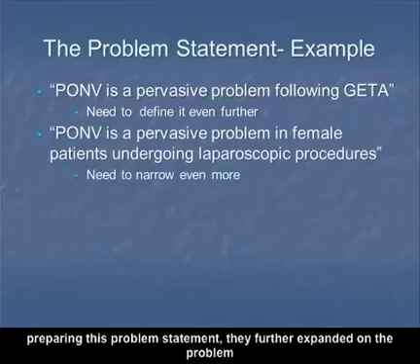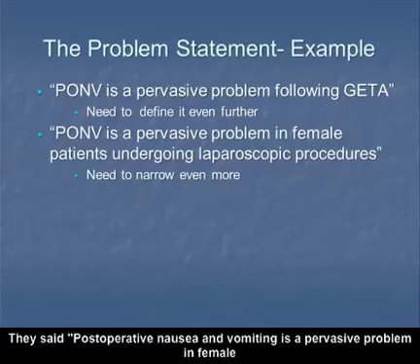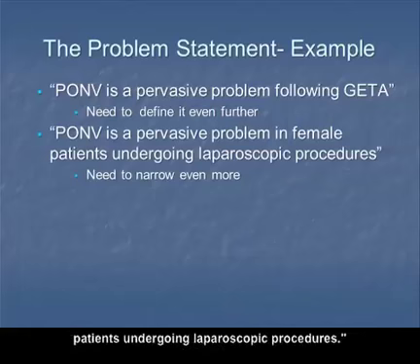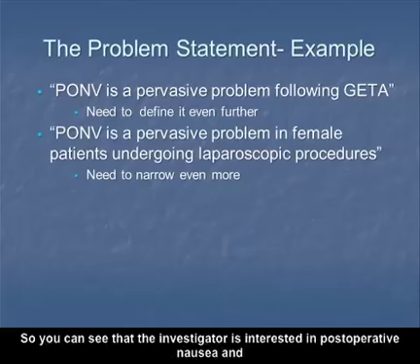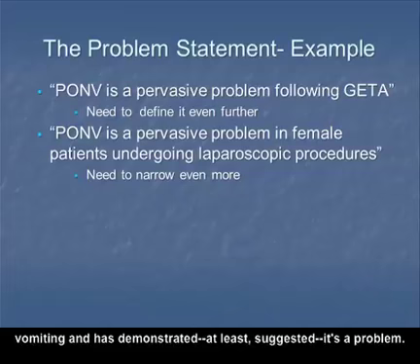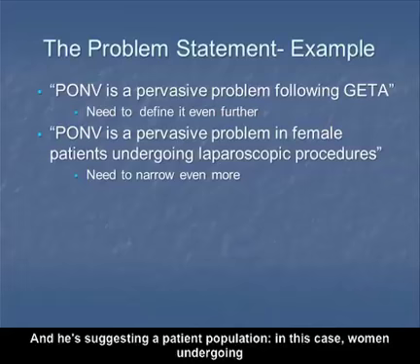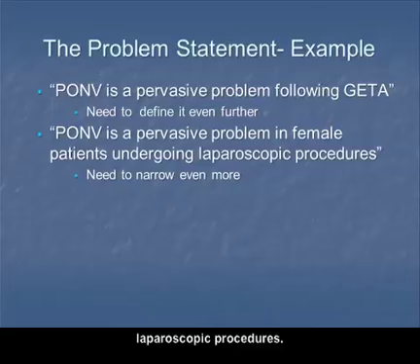So, as the investigator was preparing this problem statement, they further expanded on the problem statement, and they said postoperative nausea and vomiting is a pervasive problem in female patients undergoing laparoscopic procedures. So you can see that the investigator is interested in postoperative nausea and vomiting, and has demonstrated, at least suggested it's a problem, and that he's suggesting a patient population, in this case women undergoing laparoscopic procedures.